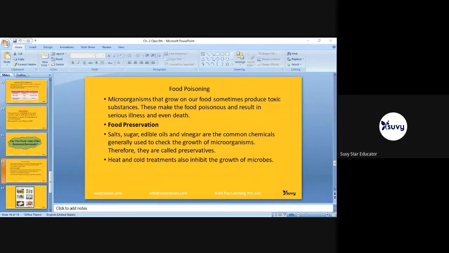Am I audible clearly? Yes, ma'am. Okay, so from which part were you not able to understand? Was it the food preservation? Ma'am, from food poisoning. Okay, so what is food poisoning?